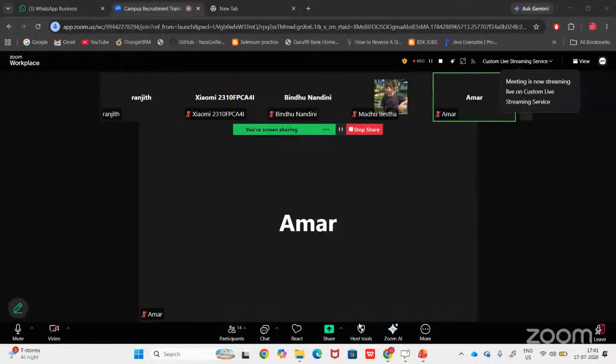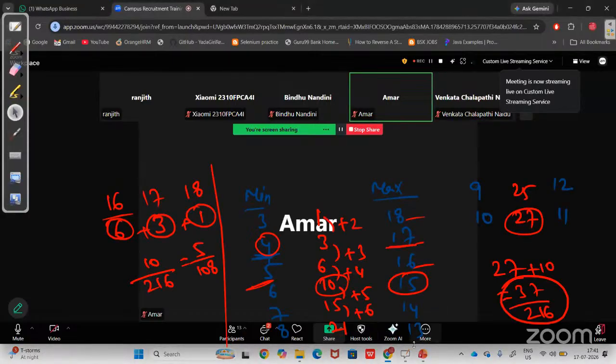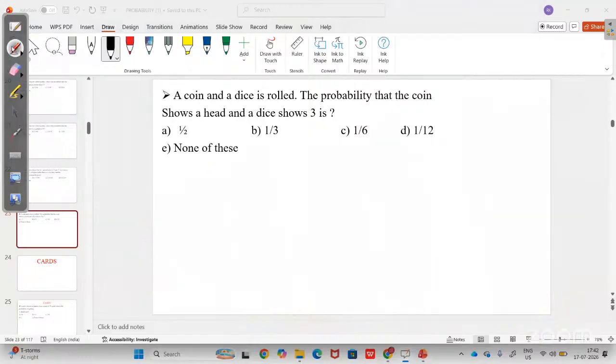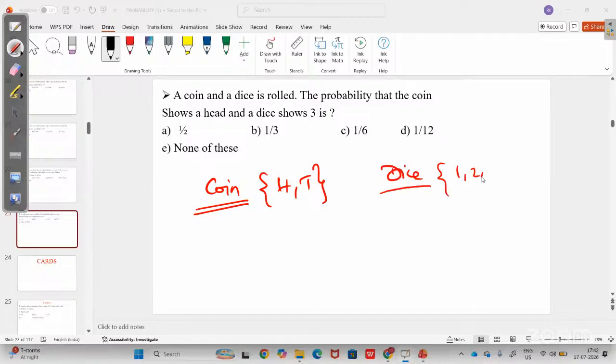Next, a coin and a dice are rolled. What is the probability that the coin shows head and the dice shows 3? When one coin is tossed, the possible cases are H, T. When one dice is rolled, the possible cases are 1, 2, 3, 4, 5, 6.